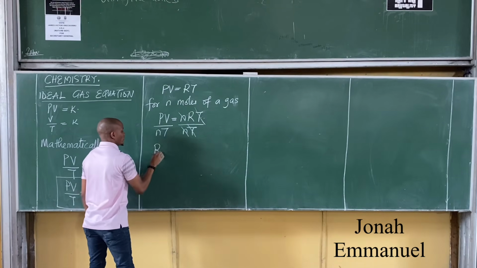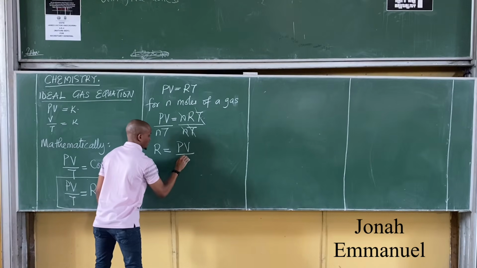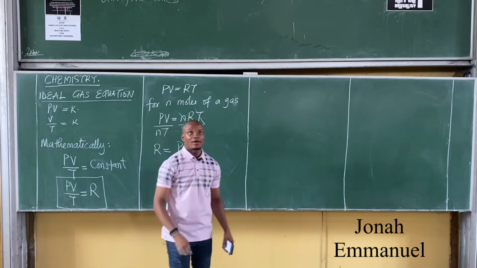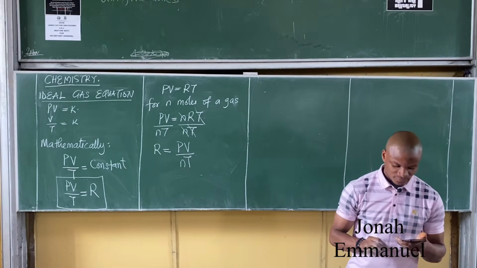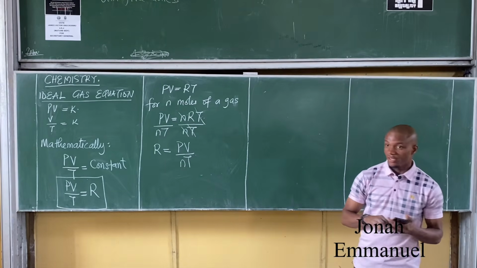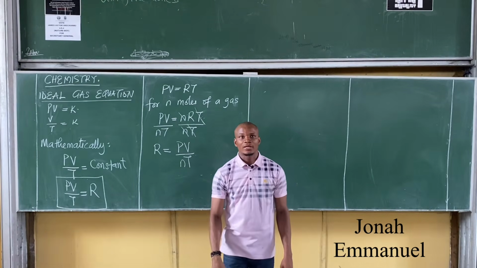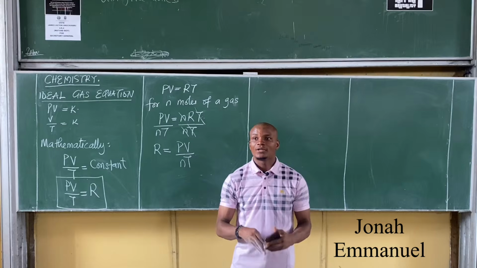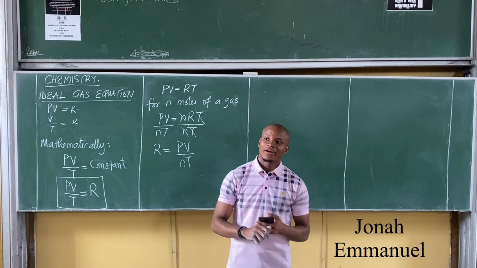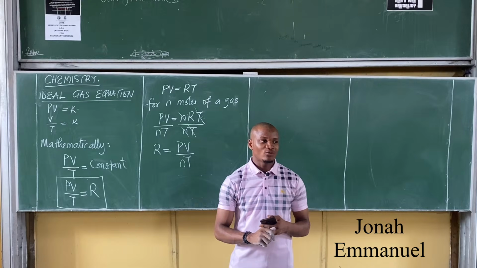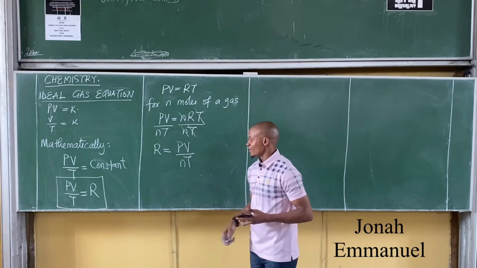So R is equal to PV all over nT, and it's very important. This R is a constant. It has a constant value. In JAMB, they might give you the value, or they might not, so sometimes you have to cram.